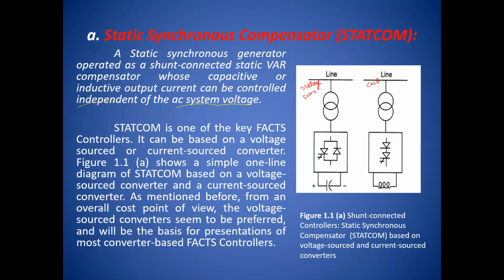Now in the case of the voltage source converter, there is a DC capacitor, whereas in the case of a series controller, an inductor is connected. This is the symbolic representation. In the power system, voltage source converters are preferred because of the cost of the device.